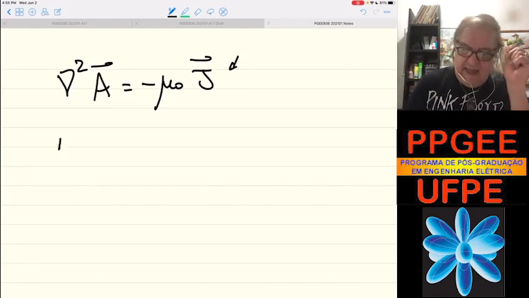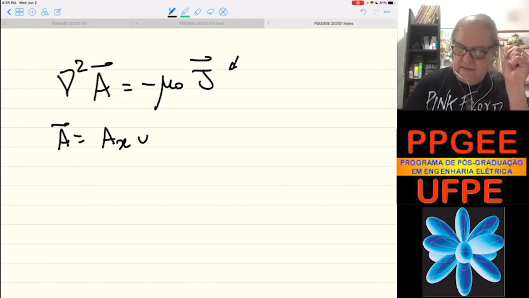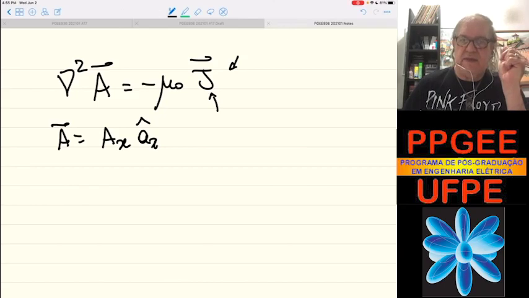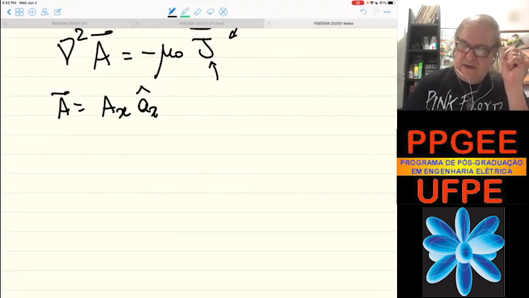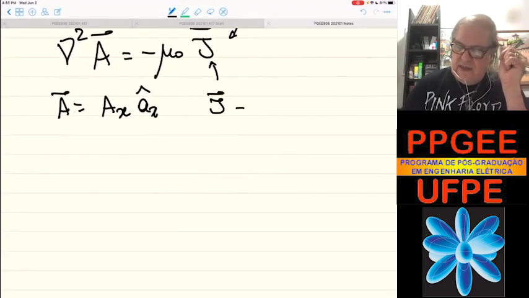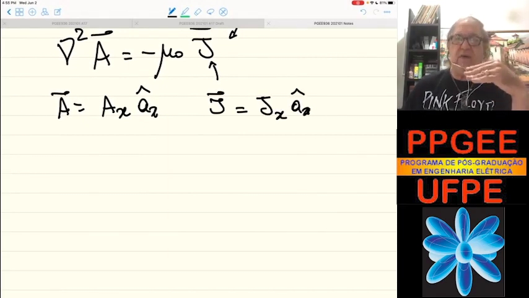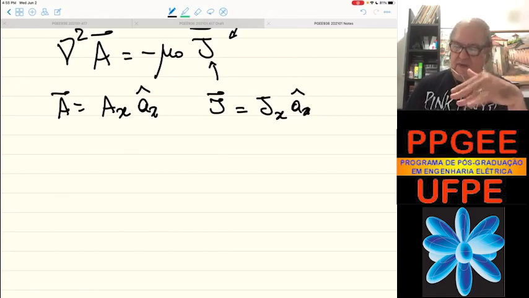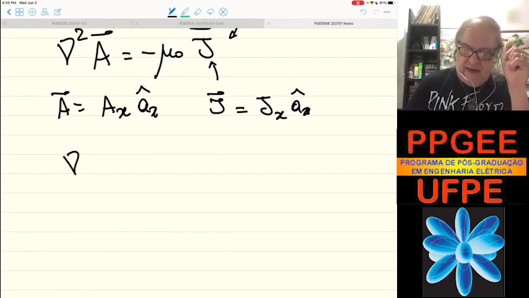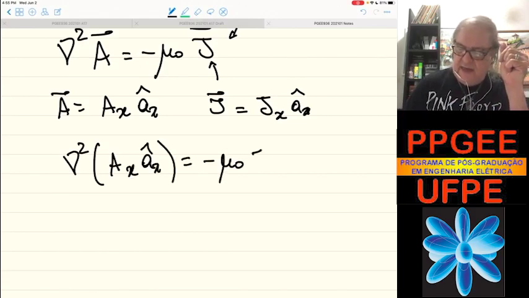So A is going to be a vector that has only the x component, because J has only an x component, right? So J equals Jx ax, which is 0 outside of the region and not 0 inside. So this is going to be the Laplacian of A equals minus mu 0 Jx ax.